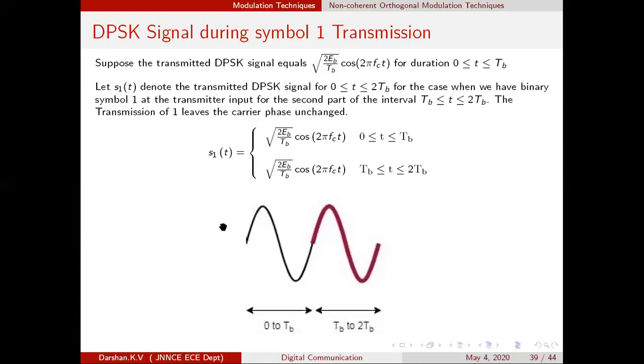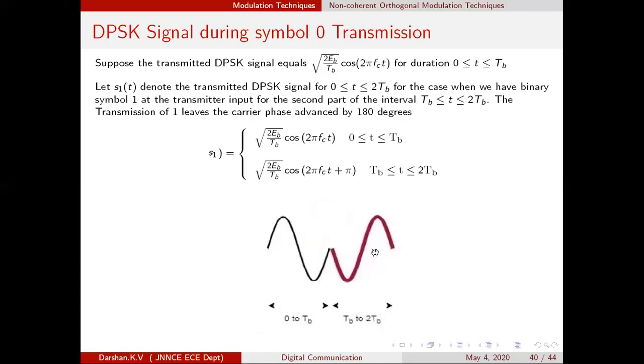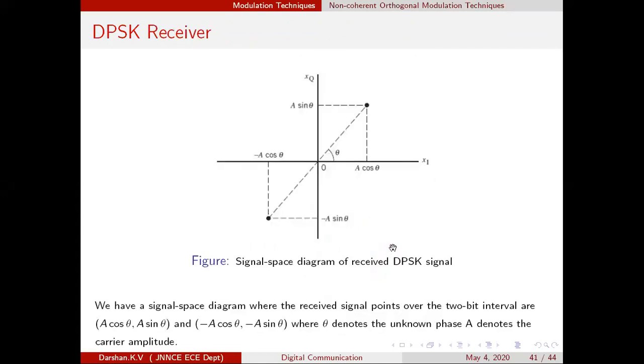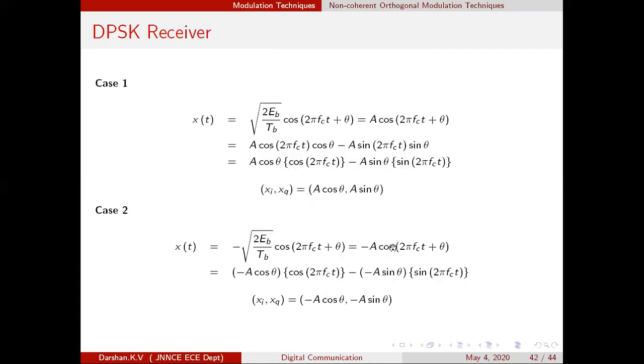That means during every time interval you have a signal, but the phase may be 0, or you can expect a 180 degree phase shift. So in every time instant you have a signal with phase 0 or with an inverted phase of 180 degrees.